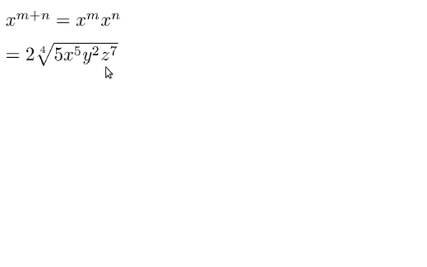Okay, and we haven't messed with these two yet. We're going to get to it. So the reason why I separated these out is the 4 is going to be able to be nullified, I guess you might say, by this 4. You can have this 4th root and this 4, and they're going to cancel each other out, sort of.